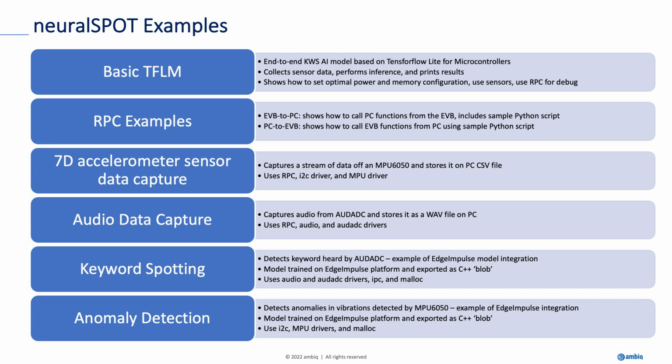And then we have a couple of external integrations. What we wanted to show was how easy it was to take a third party's model and layer it on top of neuralSPOT. There's a company called Edge Impulse, which makes it very easy. It's this low code environment where you upload your data, you let its AutoML pick out the right architectures for you, you guide it, you let it train, and then you click download.